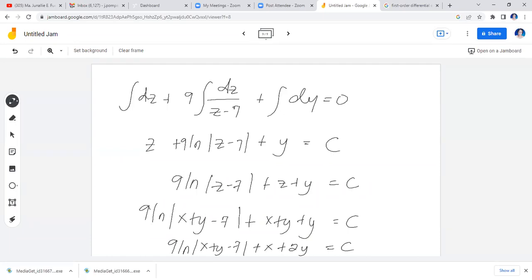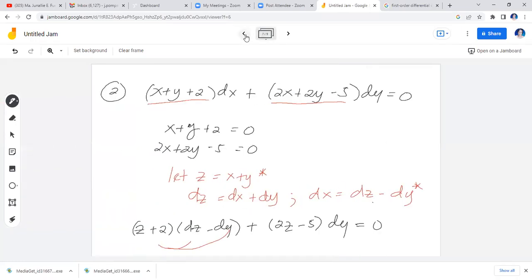This is already the solution of this DE, which has coefficients linear in two variables. However, I said the equations of the lines here are for parallel lines, so we cannot have the point of intersection. You recall the process of substitution, and we discussed this last week under method of substitution.